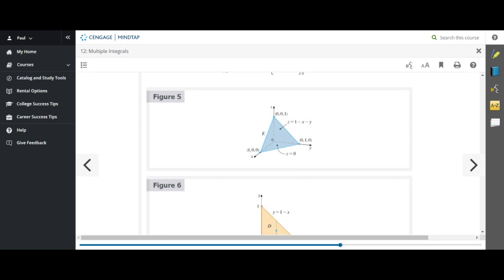Okay, and I'll mention one thing here while I'm at it. So the region D, for this example 2 in section 12.7, is determined by the intersection of z equals 1 minus x minus y and z equals 0.